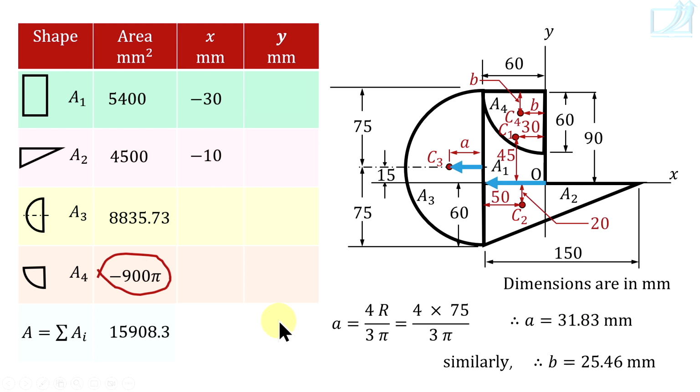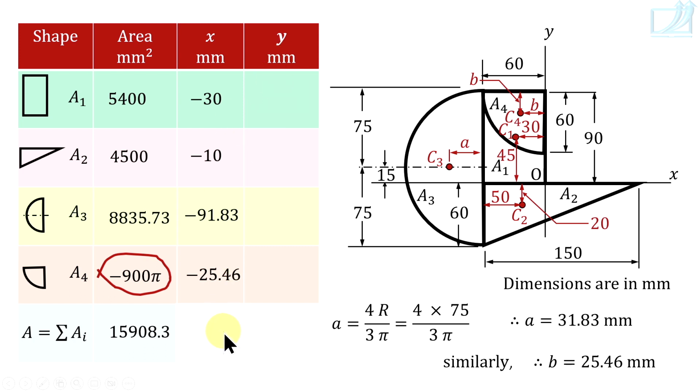So it is 91.83 on the left hand side of the y-axis. So negative. And now the x coordinate of C4, it is on the left side of the y-axis. And this is that horizontal distance. And how much is it? B. B is 25.46. So these are all x coordinates.